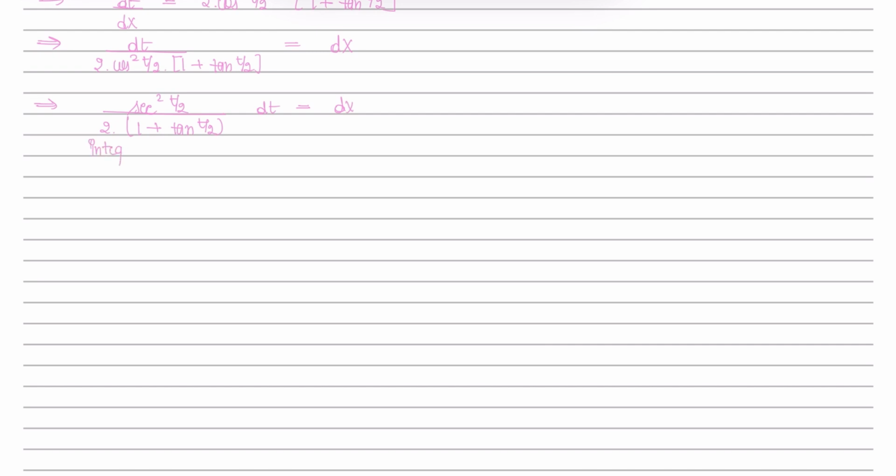Integrating both sides, it becomes log of 1 plus tan t by 2 is equals to x plus c.